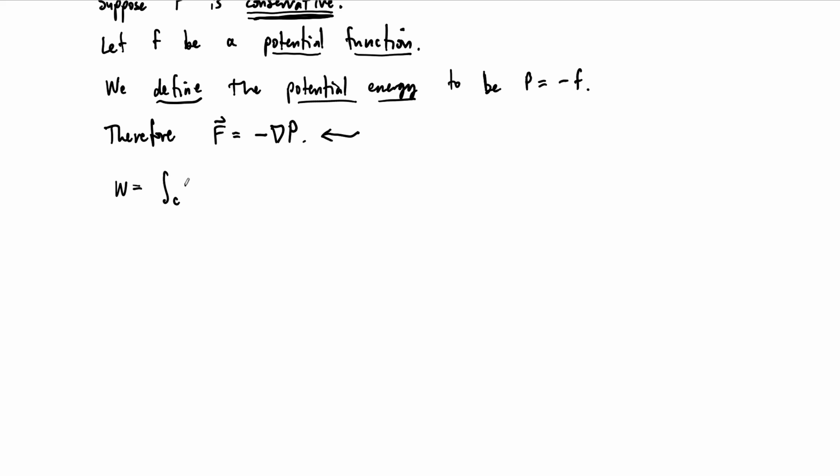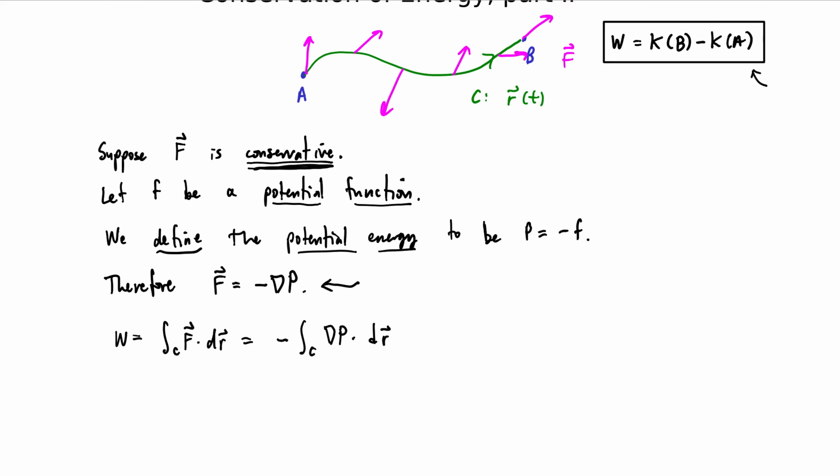The work is the integral along the curve or the path C of F dot dr. But we know that since F is conservative, F is given by the gradient of minus P, or the minus sign can come out of the gradient. That's what I did here. And so this is equal to the negative of the path integral along C of the gradient of P dot dr.